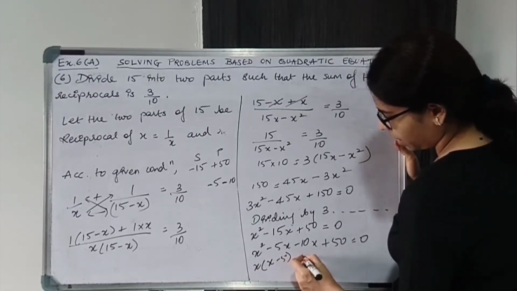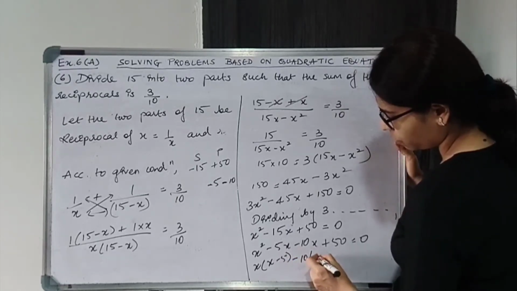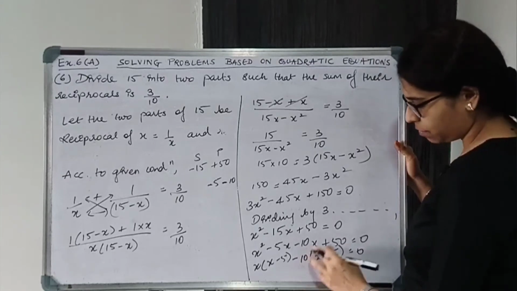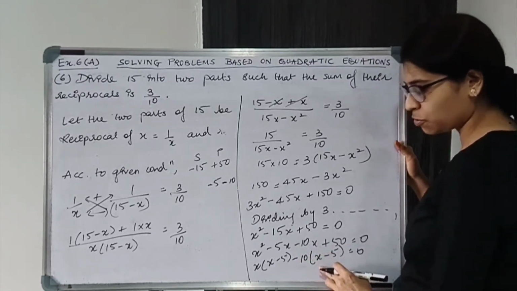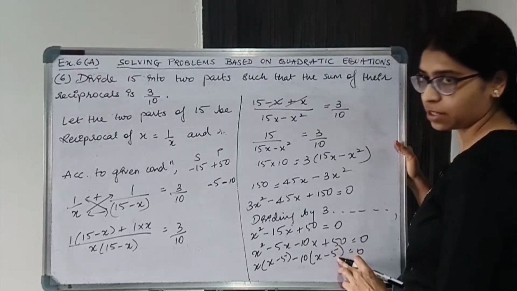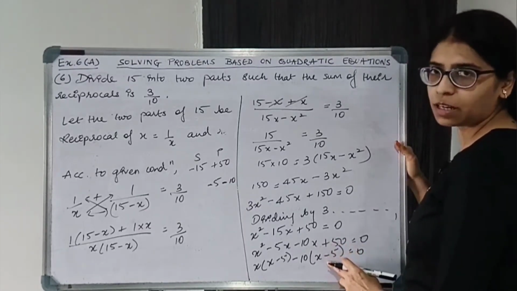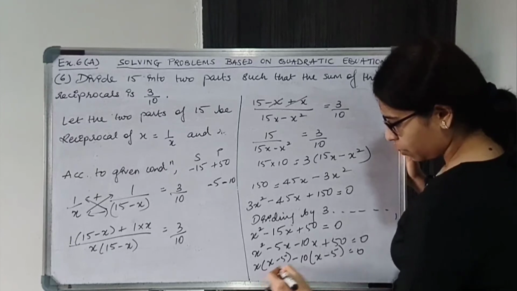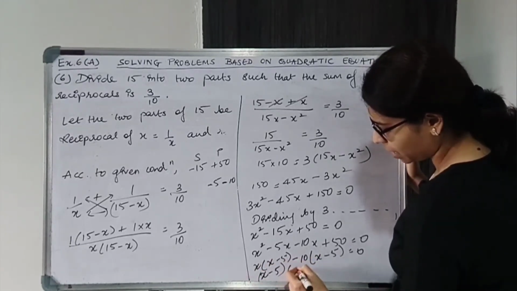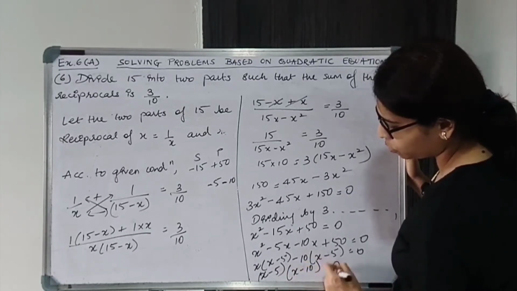Here taking minus 10 common, if you take 10 common, here only x will remain and it will become positive, and here 10 into 5 is 50, and plus will become minus. Okay, so you should get the same brackets. So x minus 5, and in another bracket we get x minus 10 is equal to 0.